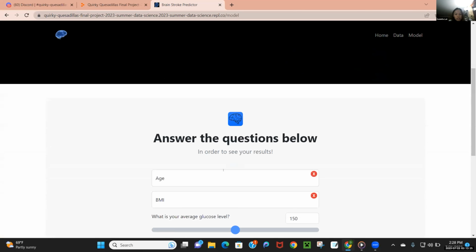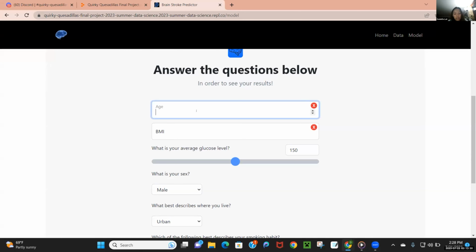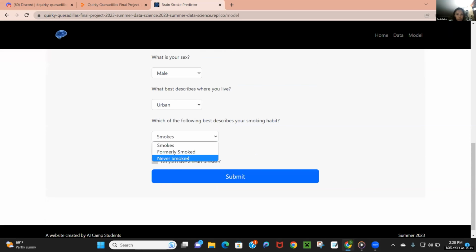So here's our model. For example, if we were to put in someone who's young, they have an average BMI and low or average glucose levels. Let's just say they're male, living in an urban area, they haven't smoked, but they have hypertension and heart disease.